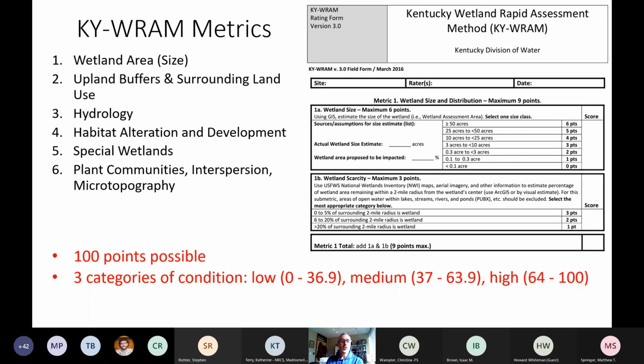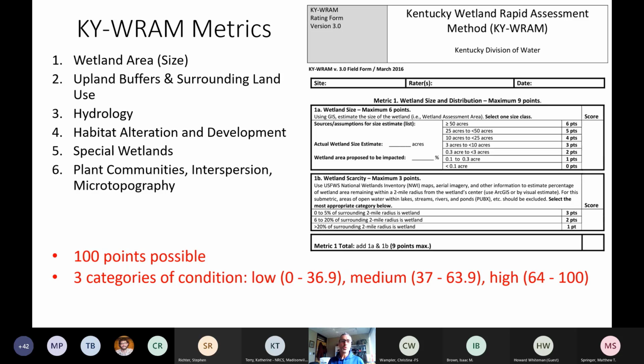So metrics include things like the size of the wetland, the surrounding land use, hydrology, which is heavily emphasized and receives more points than some of the other metrics, and then measurements of alterations to the habitat and measurements of the plant community and the relative quality for amphibians of the site.